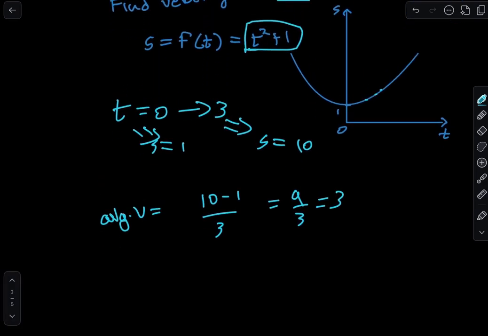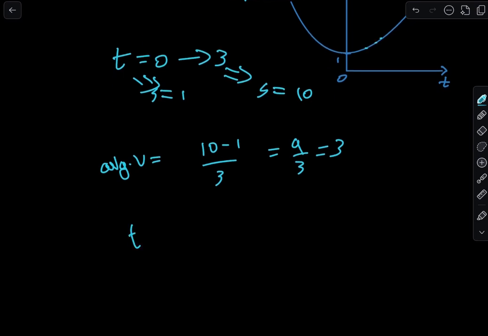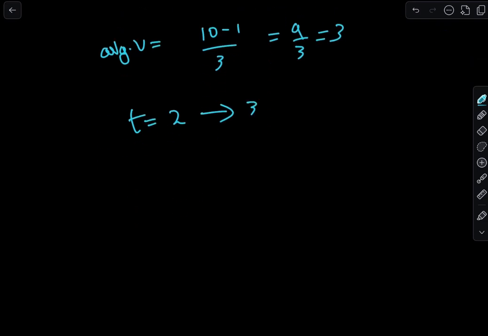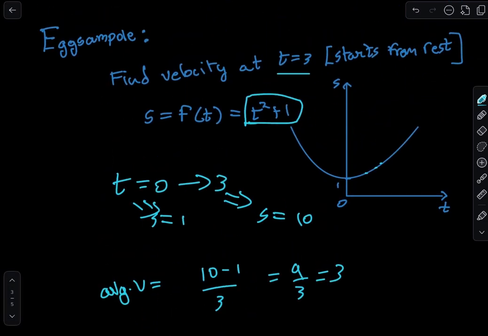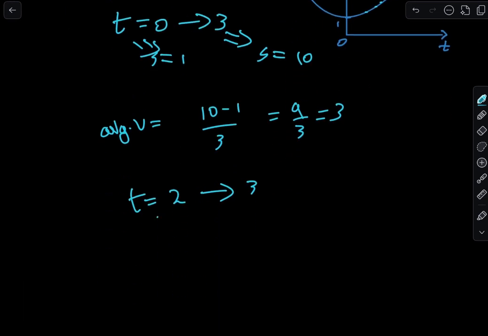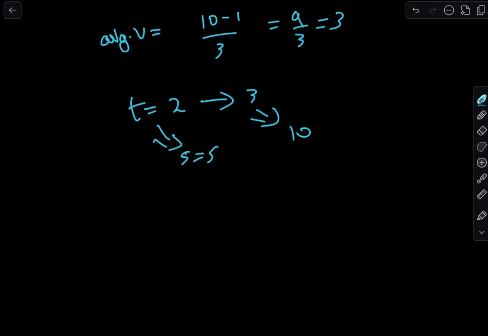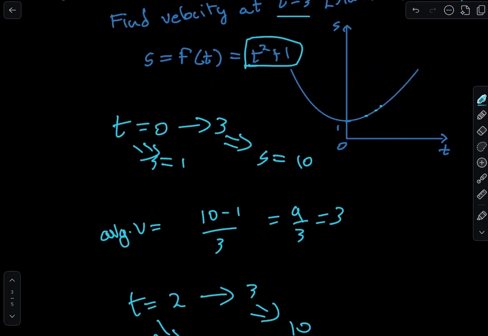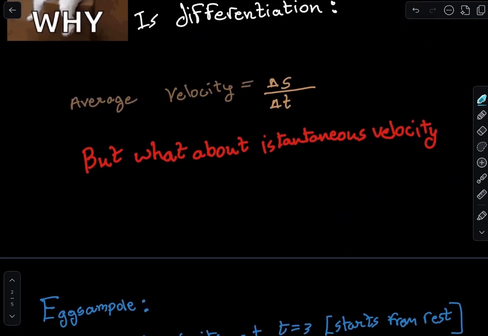What if we take the average velocity between t is equal to 2 seconds and t is equal to 3 seconds? Using this function again, here s is equal to 5 and here it would be 10 again. So we get average velocity is equal to 10 minus 5 divided by 1, because the change in time was 1 second.